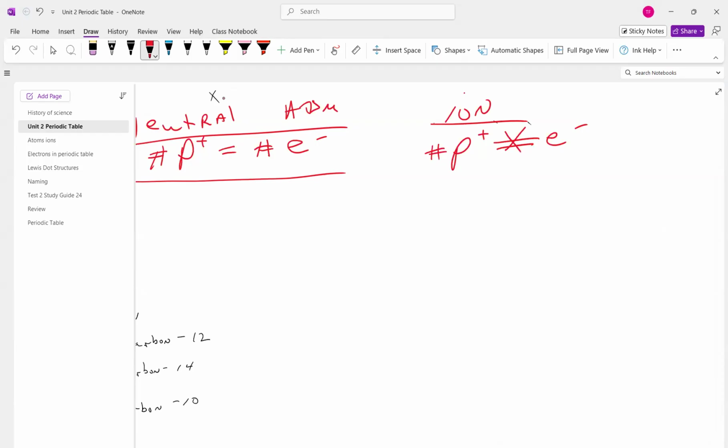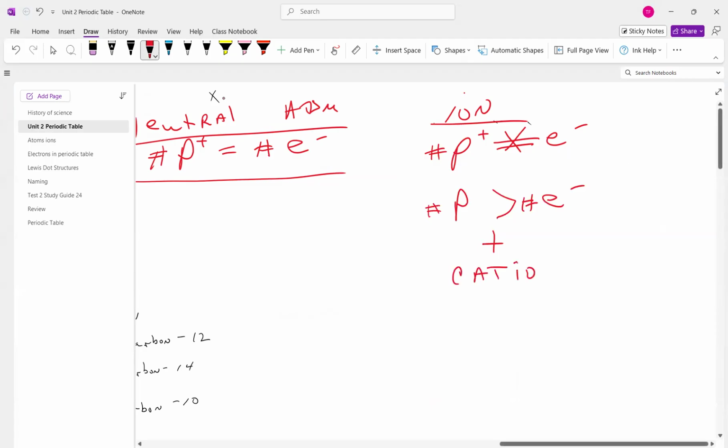So if the protons are more, we have more positive charges than negative charges, then the net overall charge in that ion is positive. And the fancy name for that is called a cation.